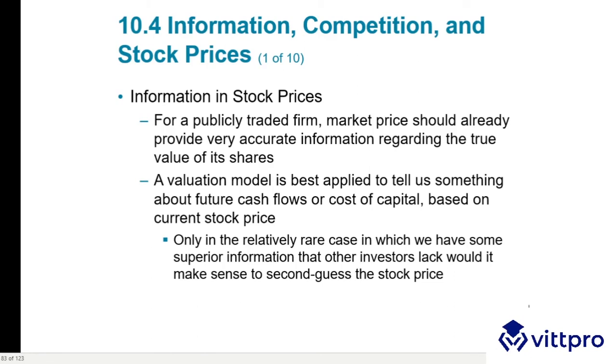Then the other thing: how information, competition and stock prices are linked, how they affect each other. For a publicly traded firm, the market price usually already provides very accurate information regarding the true value, because of our theory that the valuation methods we are using consider all the future value or prospects of the company and what the investors are willing to pay.